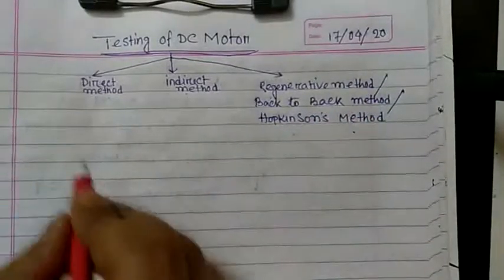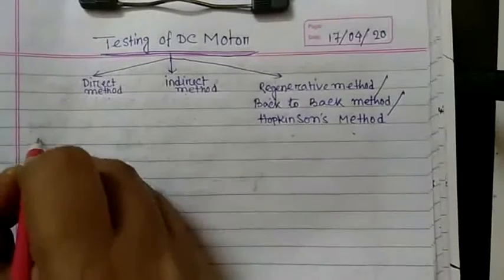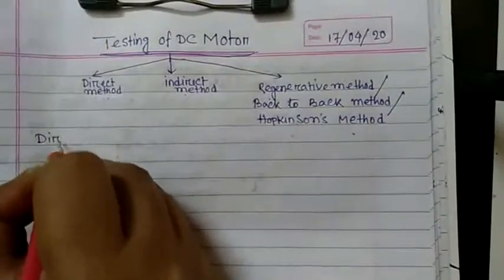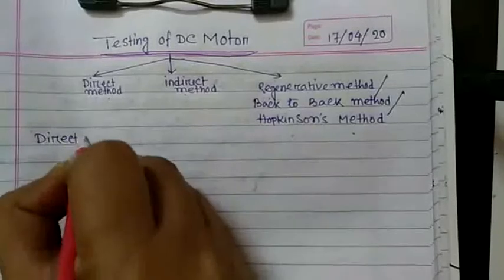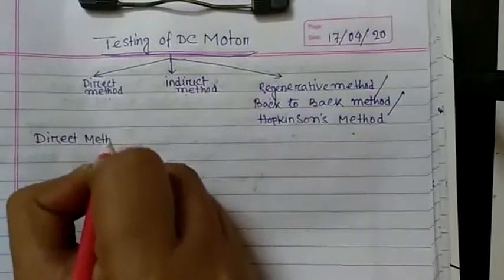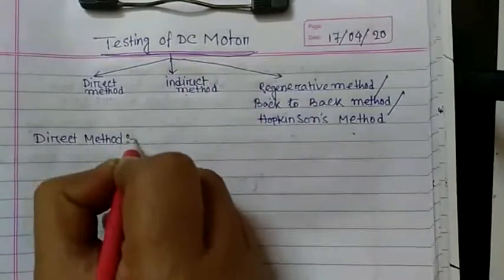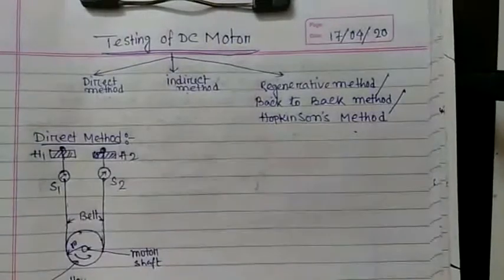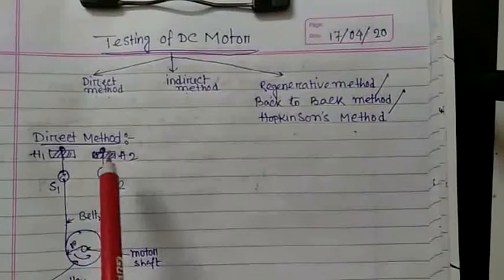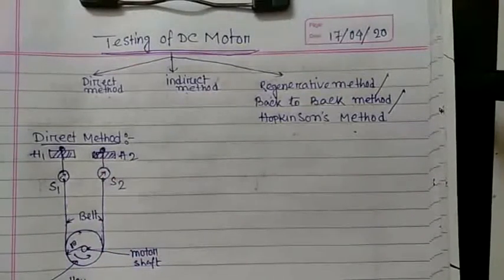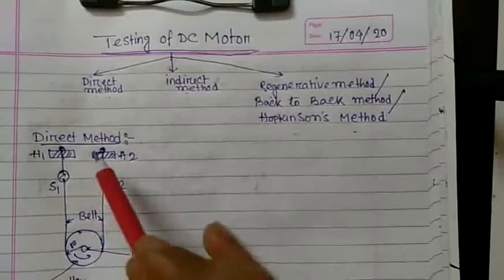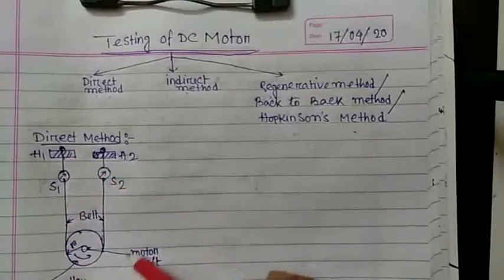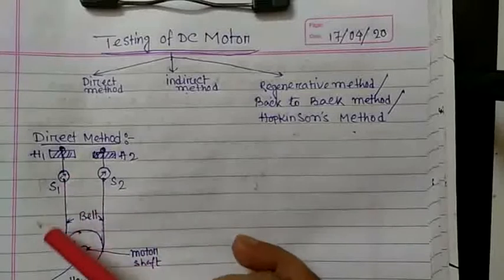So first I discuss the direct method. Direct method is suitable for small machines. This is the arrangement of the direct method.